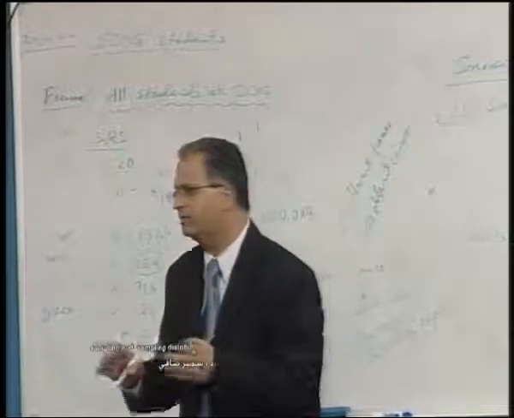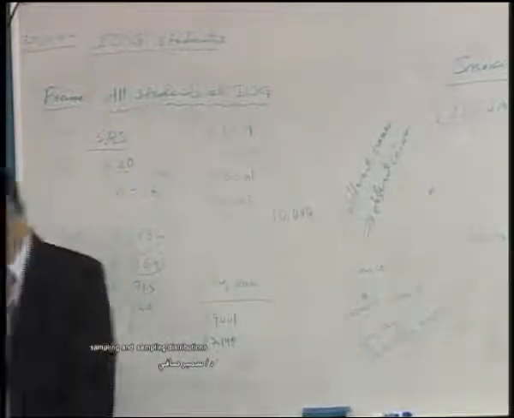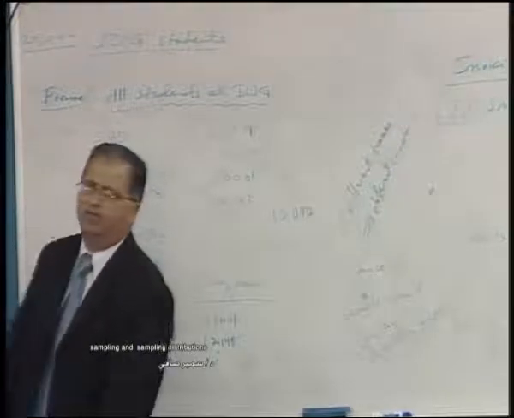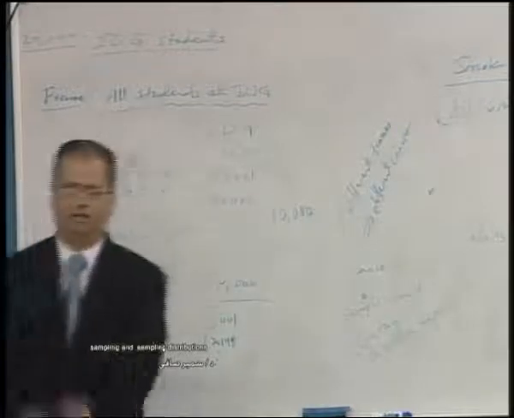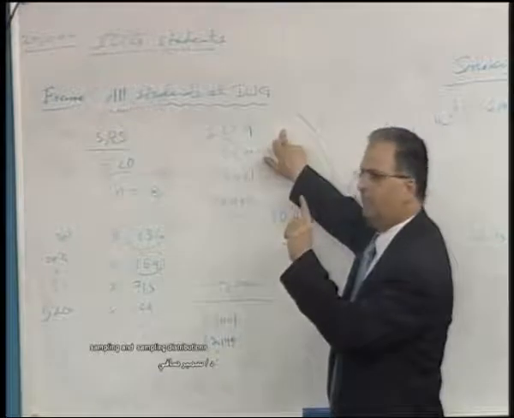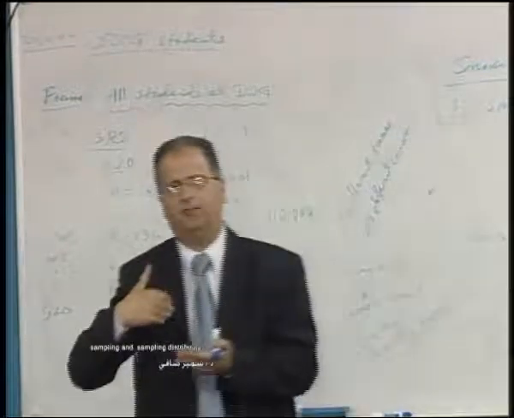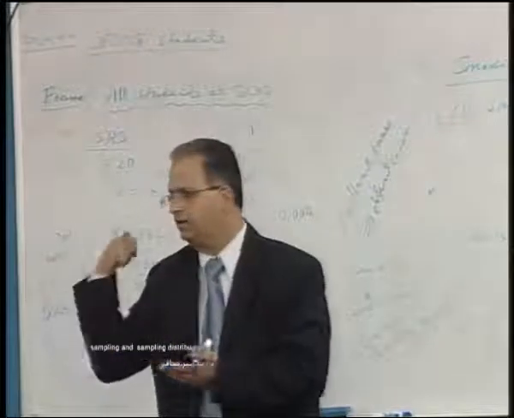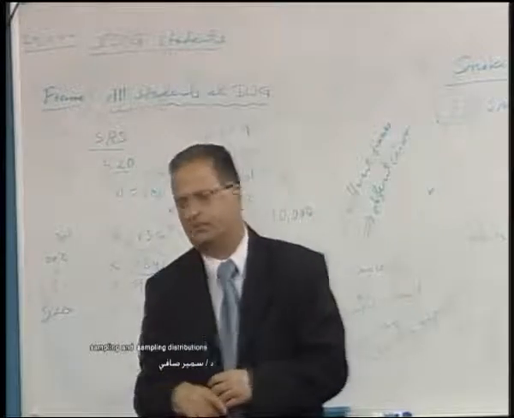So it's better to use computer random number generators. We can use the random table only if the sample size is limited, up to 100 maybe. After that, you are just losing your time.